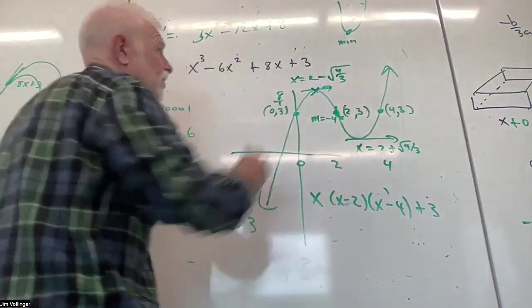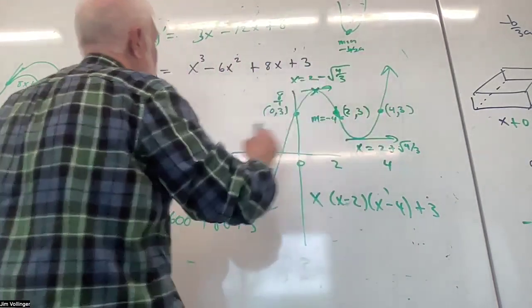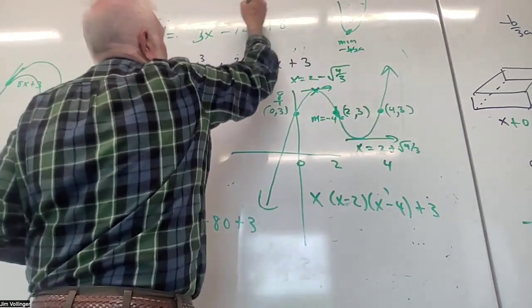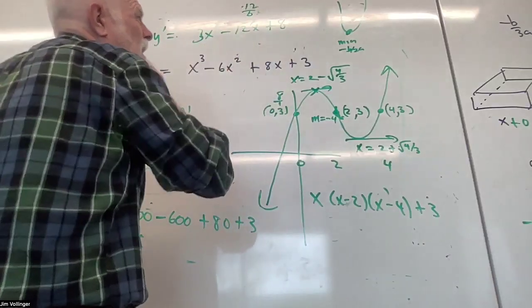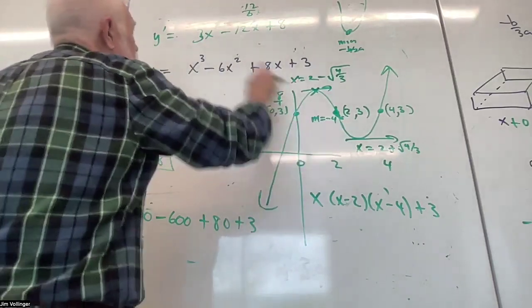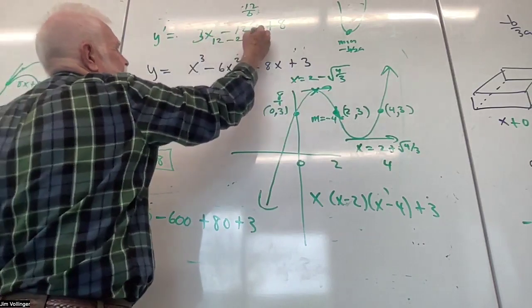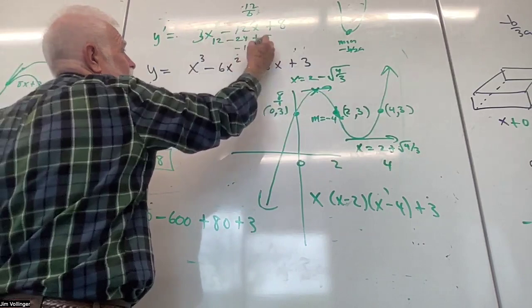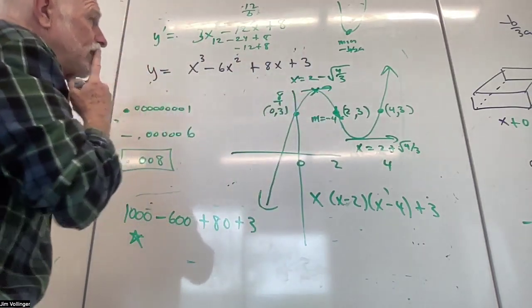And that comes from minus b over 2a, which should be 2. So minus b, 12 over 6, that's 2. And if I plug a 2 in, I should get a slope of 0. No, I should get a slope of -4. So this is 12 minus 24 plus 8, so minus 12 plus 8. Yes, I do. So that verifies that.